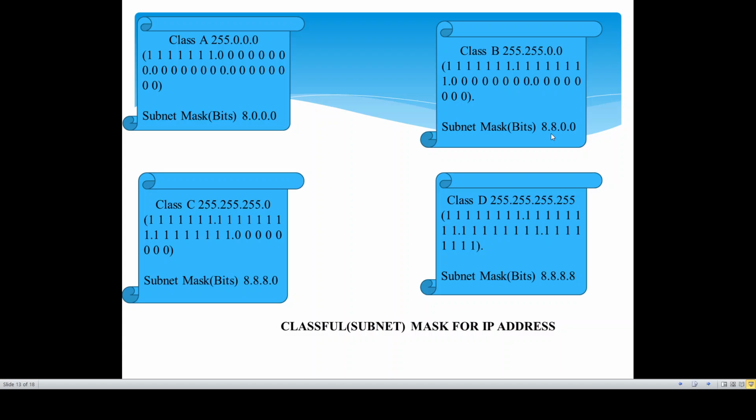For class D, all the 4 octets will be 255, so all the values will be 1. So subnet mask in bits will be /32. So this is the subnet mask for class A to class D.